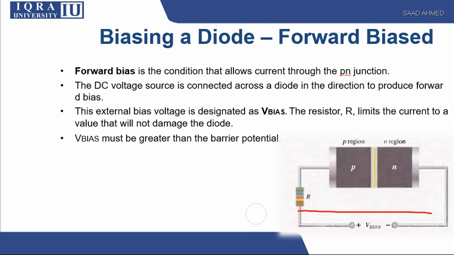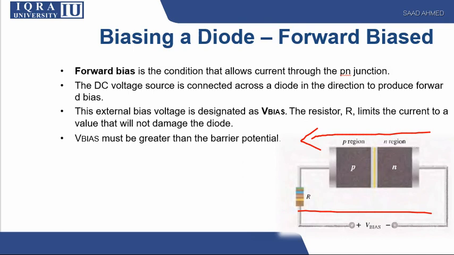In this forward biasing condition, the current will flow through the diode. That means forward biasing allows current to flow through a device.